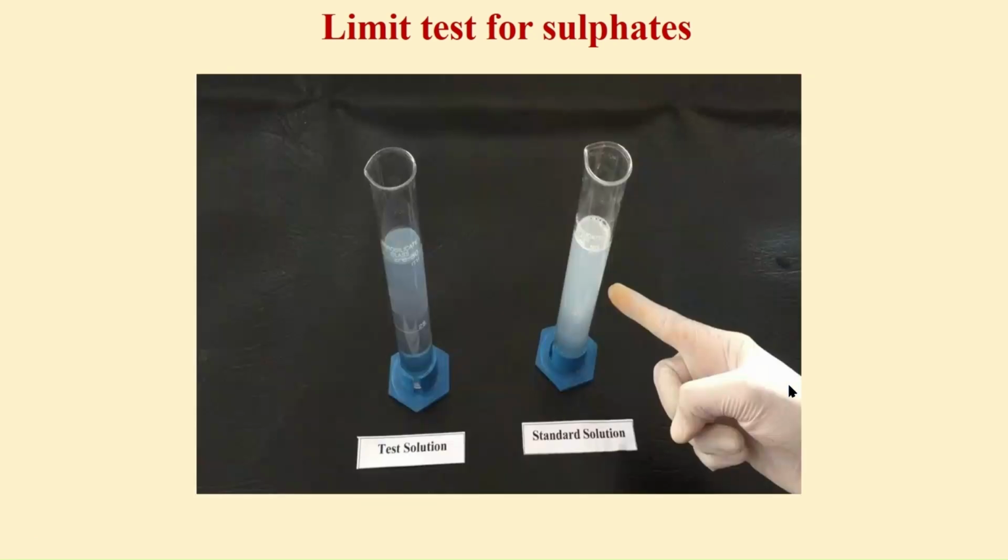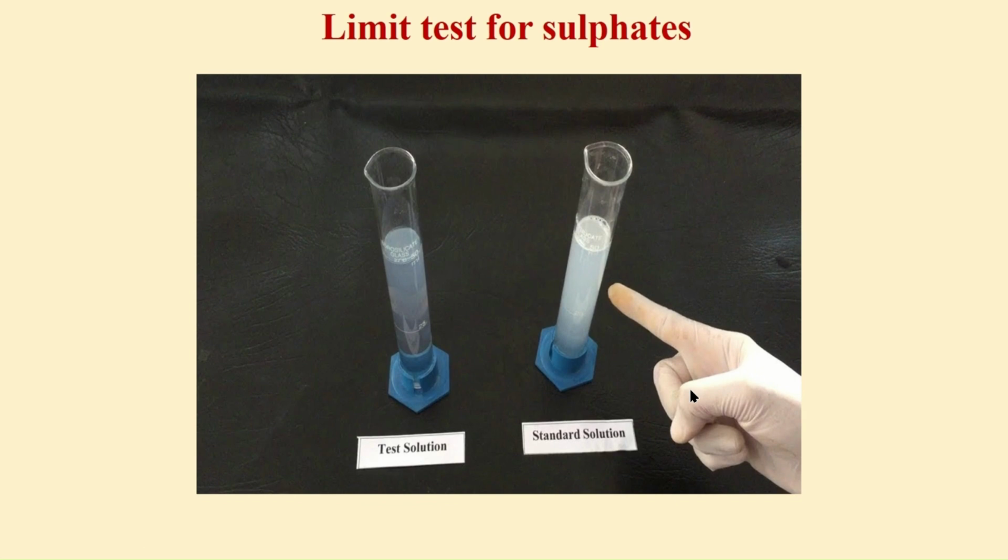If I look at the test solution and the standard solution, the opalescence produced in the test solution is lesser than that of the standard solution. That's why it indicates that the sulfate ions present in the given substance are within the limit.